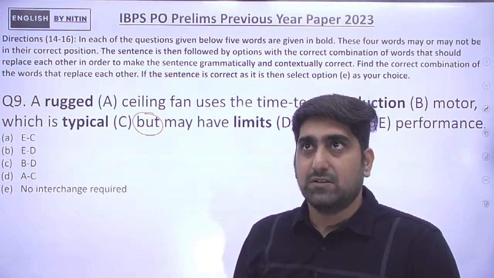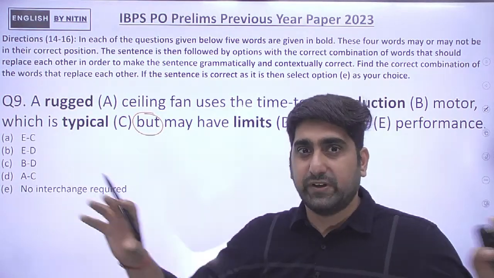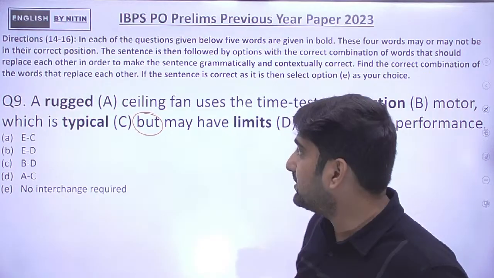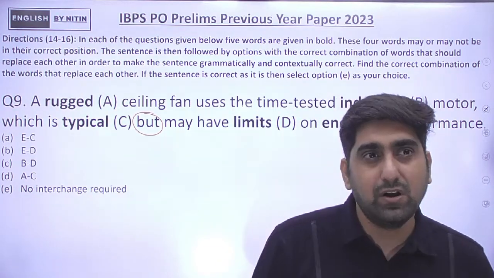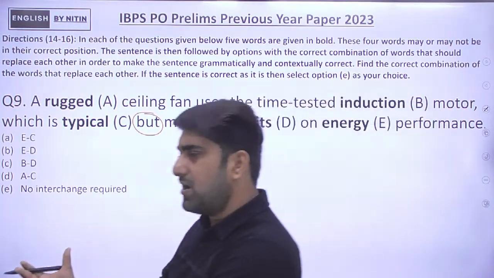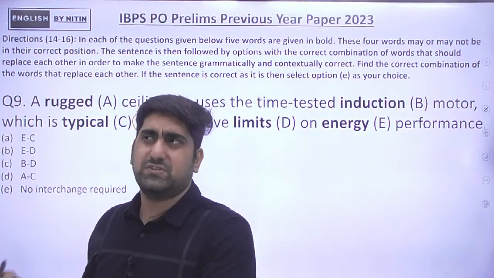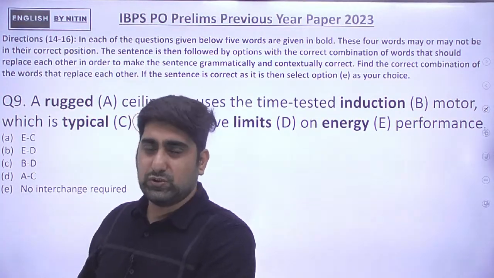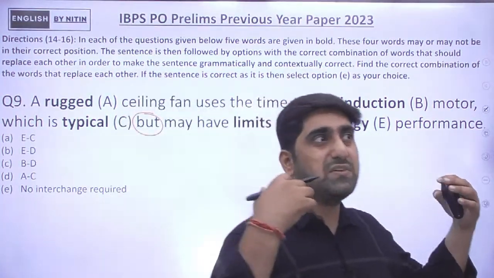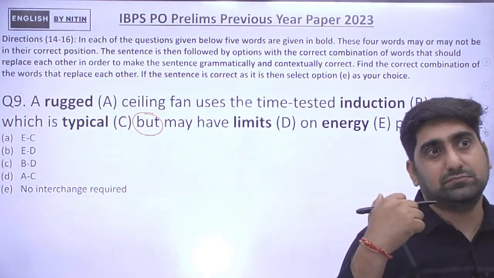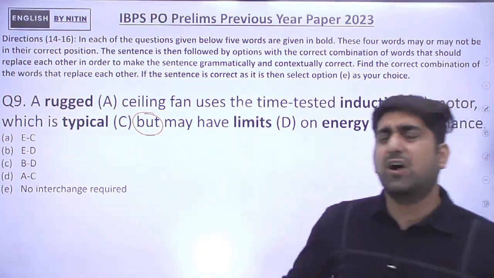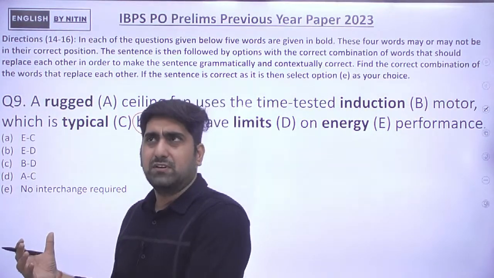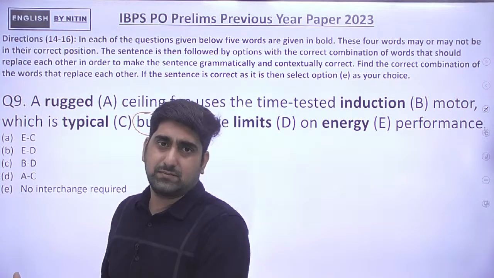I mean, but joins opposite ideas. If something is very powerful, we will now talk about the problems, the weaknesses, the issues with it. If something is very costly, we will again talk about some drawbacks of it.